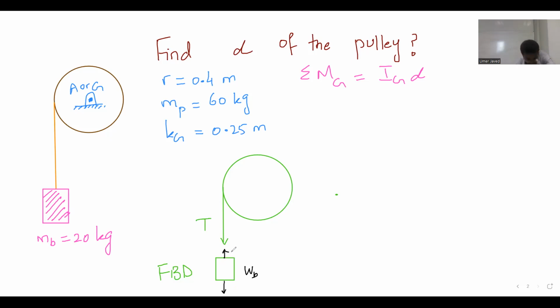And this is my T, tension, right? And then I have this as the hinge or pin. This is the weight of the pulley. And this is AX. And this is AY, correct? Yes, no?